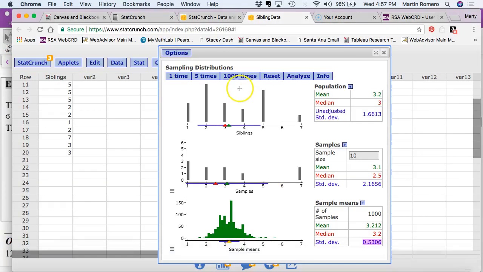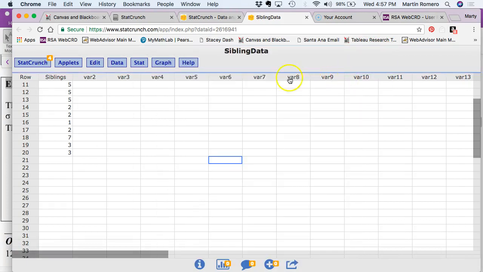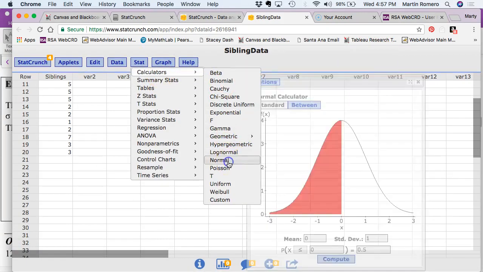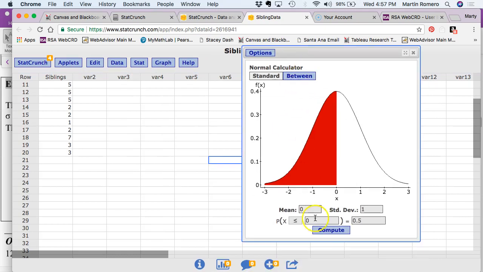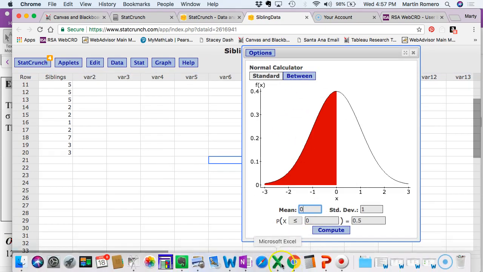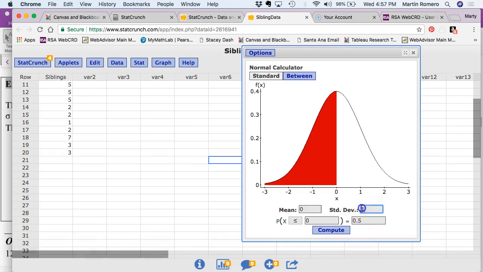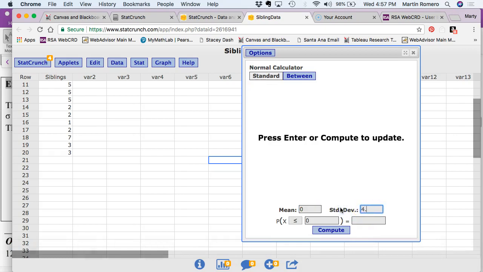This is what you would do. Go to Stat, Calculators, Normal. In there, we need to put in the numbers. The mean is 100 and then the standard deviation, the adjusted 4.743.